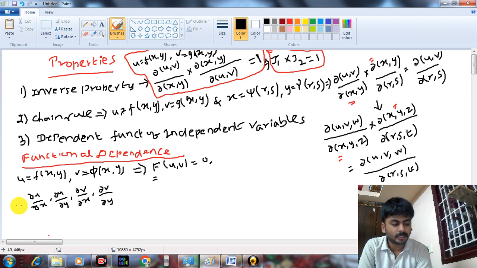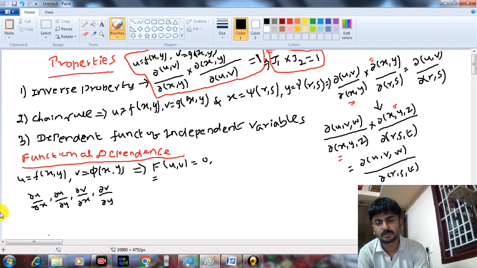Then these functions u and v are said to be functionally dependent. u is a function of x and y, v is a function of x and y.